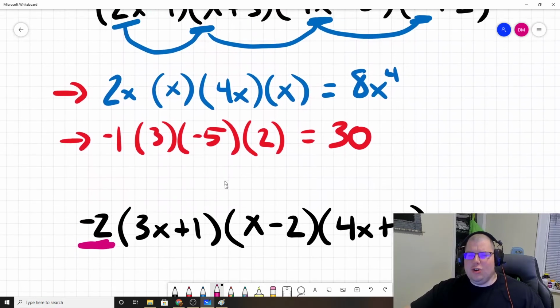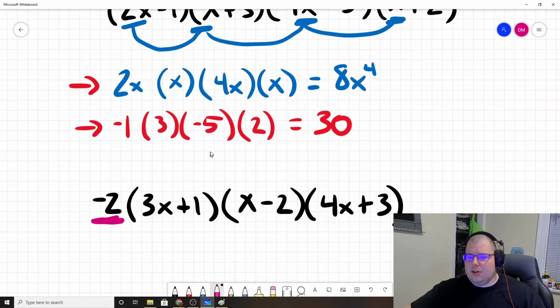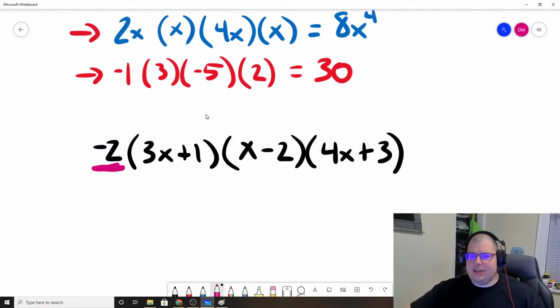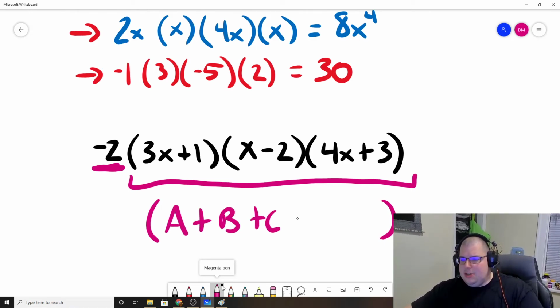And if you're wondering why I would include it in both, when I didn't use any of the x terms in finding the constant term, and I didn't use any of the constant terms in the factors when finding the leading coefficient, that's because once I multiply all of these pieces together, I'm going to get some big long polynomial that I'll use letters for: A plus B plus C plus D plus E.